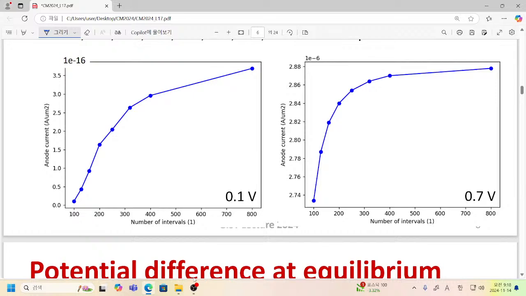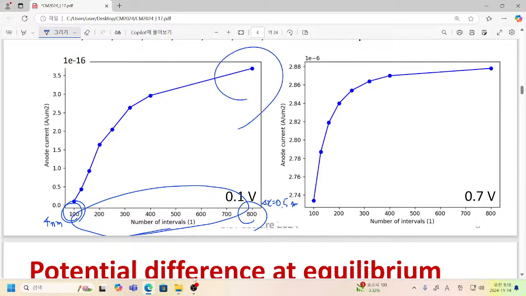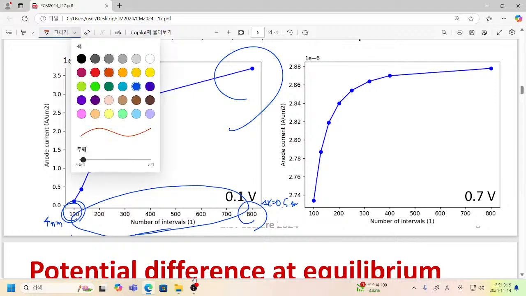this is number of intervals, means that this 100 is corresponding to 4 nanometer case, and this 800 is corresponding to delta x equal to half nanometer. So you can understand, well, this is a good one and this one is quite a bad one. And when you have a look at the current value, how does it look like?